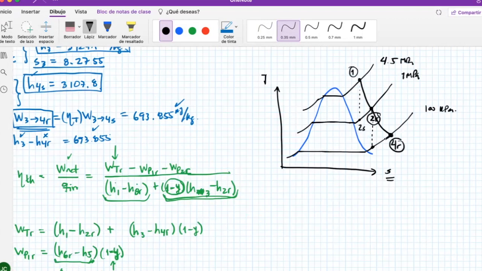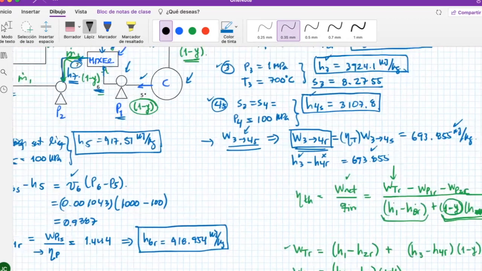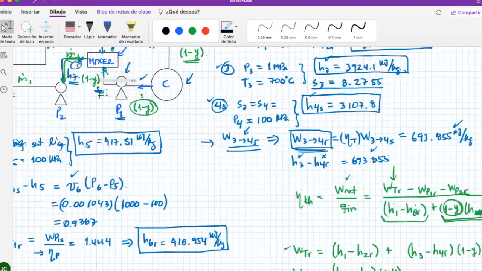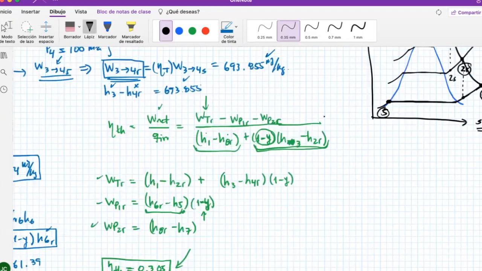From the last part, I go into the condenser, and in the condenser I'm losing a lot of heat, and I get to this point, which is 5. Then it comes into a pump. This pump is going to elevate the pressure to 1 megapascal.